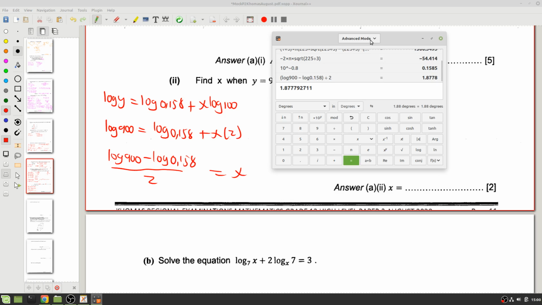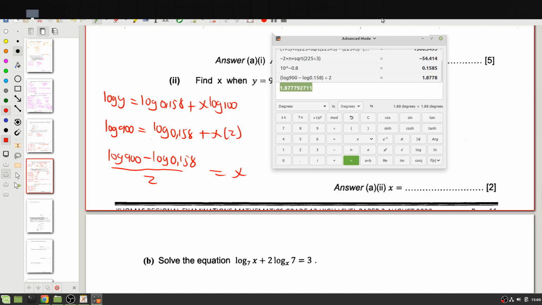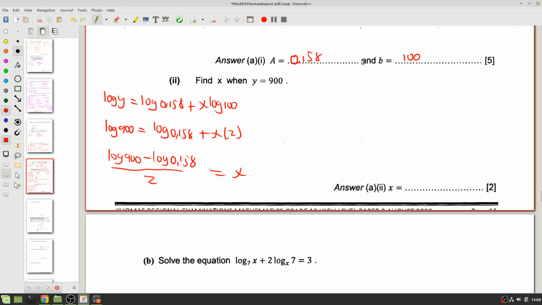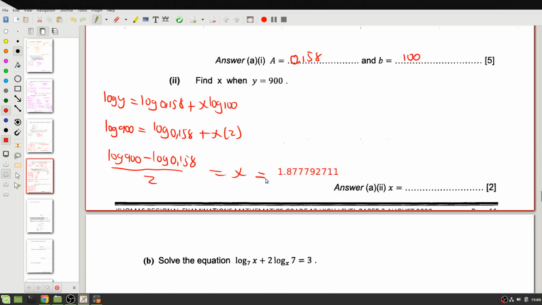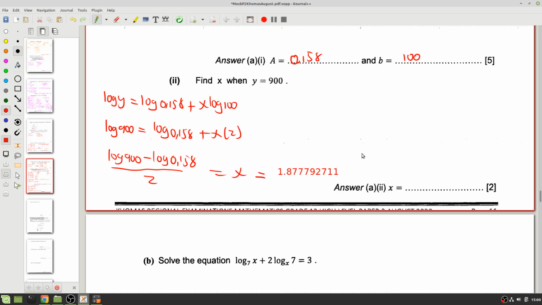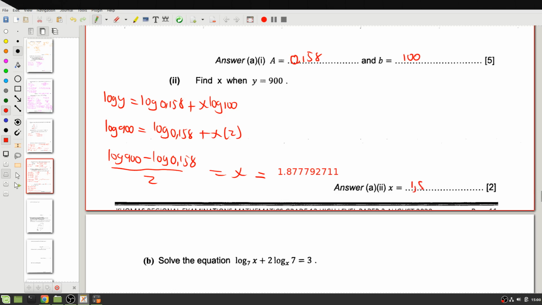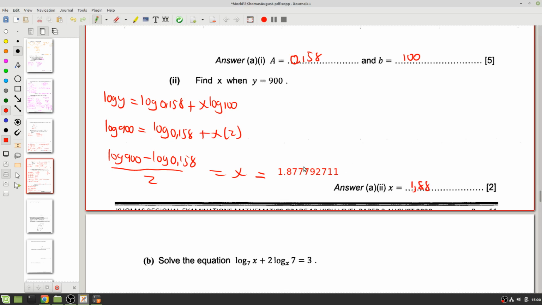So we've got 1.877, that whole thing. Let me just copy this again and paste. Okay, so that is what x is equal to. And then again, we want to round off to 3 significant figures. So that'll be 1.88, because the 7 will turn that 7 into an 8.